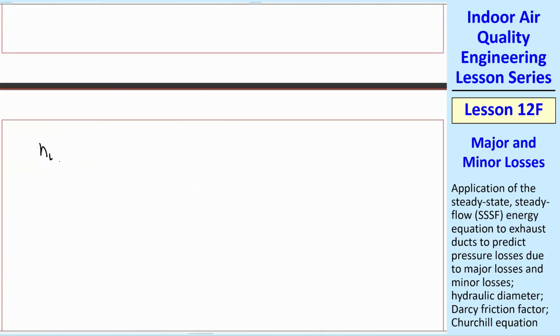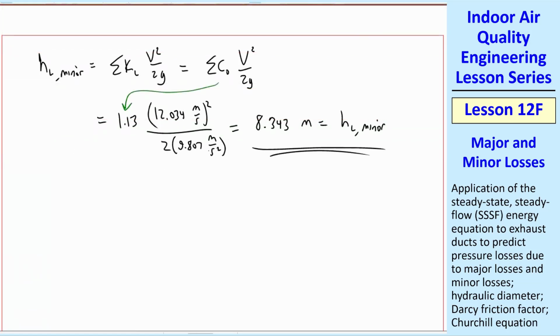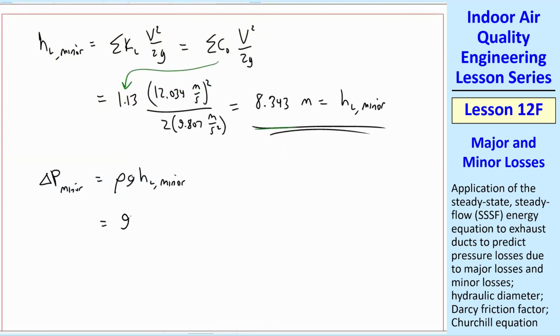So h_L minor is equal to sigma K_L times V squared over 2g. And I come up with 8.343 meters. Again, that's a column height. So again, we actually want delta P minor loss equal rho g h_L minor, 98.19 pascals.